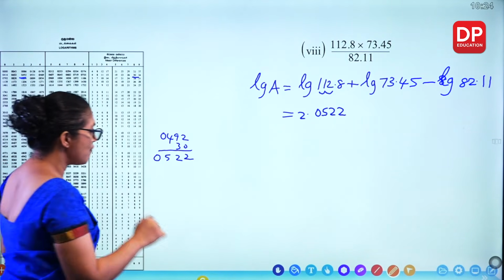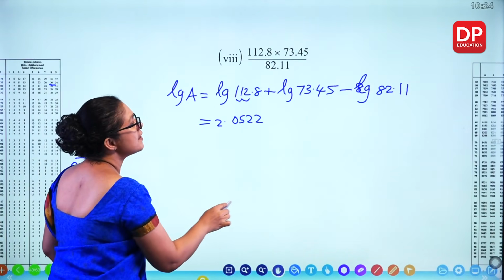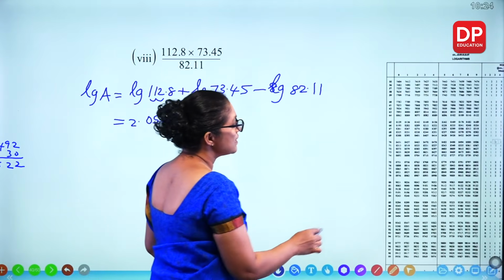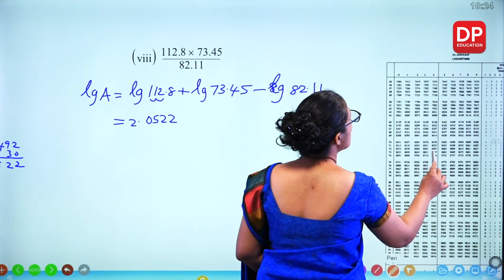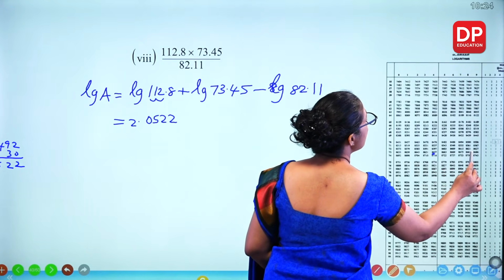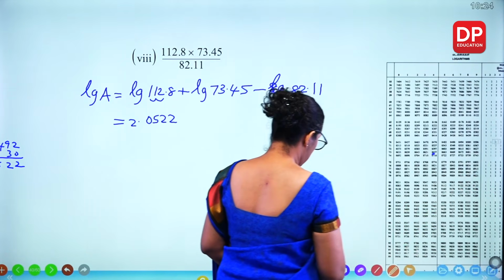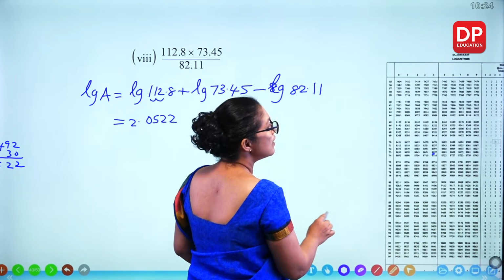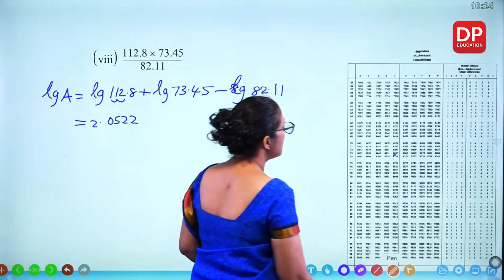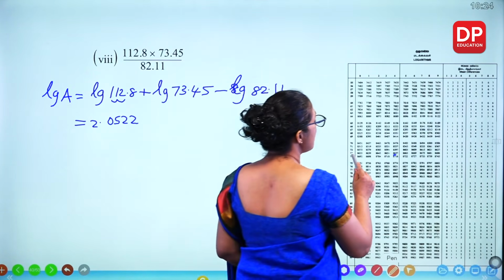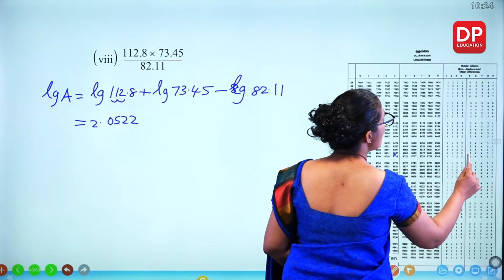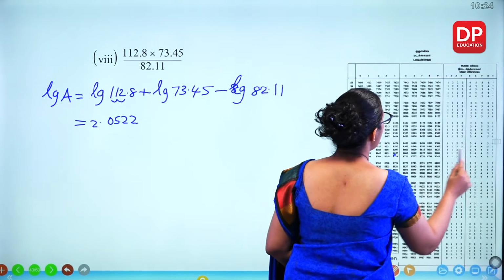Then 73, 4, 5. 73, 4, and 5 is, I need to see the number properly, 40. 5 is 3.